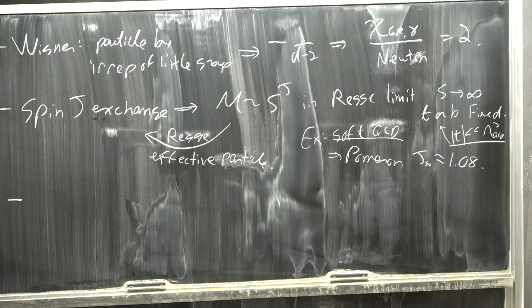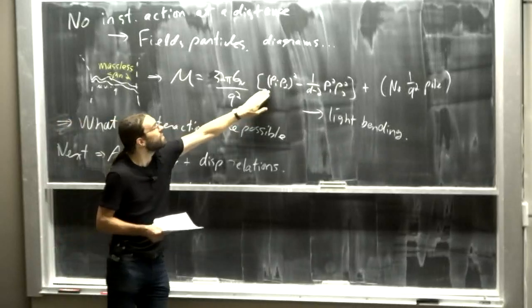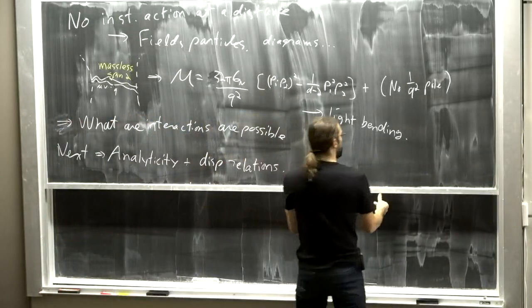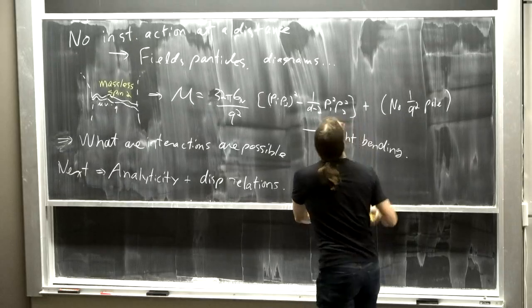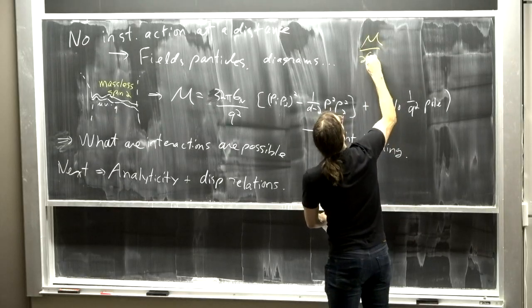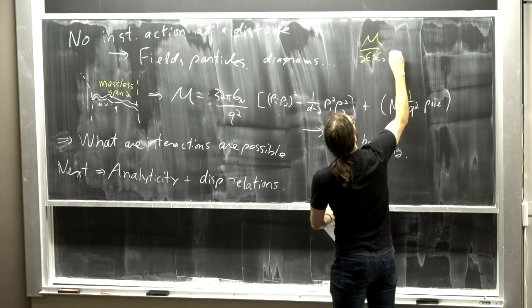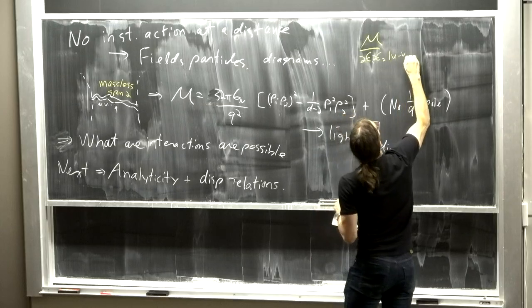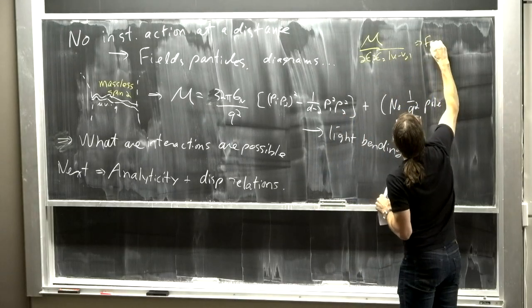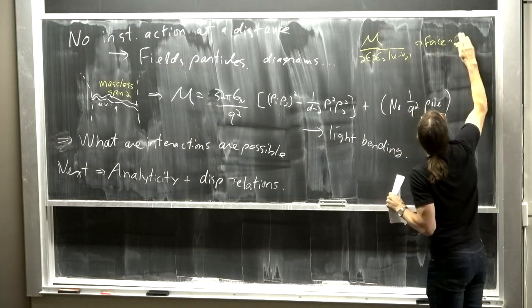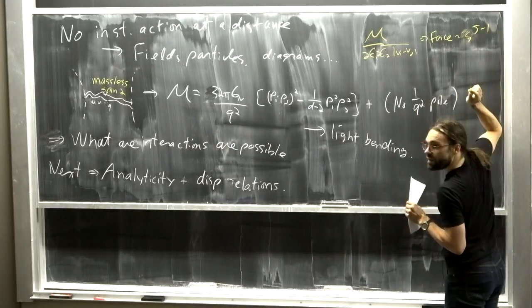Yeah, so maybe one thing I can say here is that it's a bit of the definition of massless spin 2. But the fact that it goes like s squared means, remember that to get the phase shift, we needed to take the amplitude and divide by some relativistic factor, 2E1, 2E2, times some velocity difference. And after you divide by this kinematic factor, you get a force that goes like s to the j minus 1.